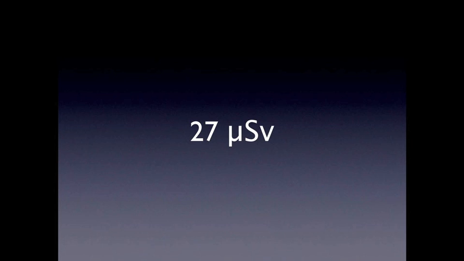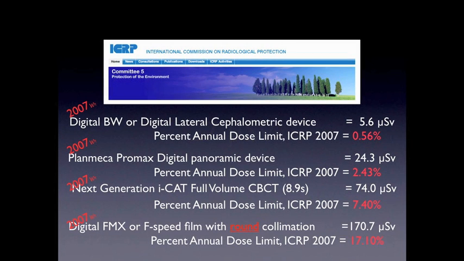So the three-dimensional information that we're gaining, comparable in exposure to a panoramic X-ray, is without question more valuable to the orthodontist. Here, this is where we were with the 8.9 second scan, 74 microsieverts. With a quick scan, we can get that down to 45 microsieverts, which is approximately 1/4 of a full dental X-ray series.